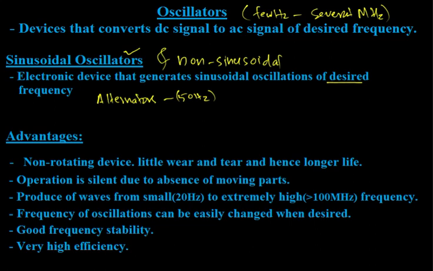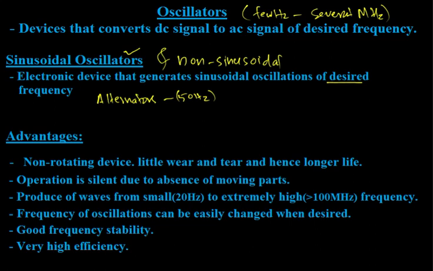Since the oscillator is a non-rotating device, little wear and tear occurs, so it will have a longer life. So one advantage of the oscillator over the alternator is a longer life, because little wear and tear occurs in the oscillatory circuit, since it does not have any rotating parts.